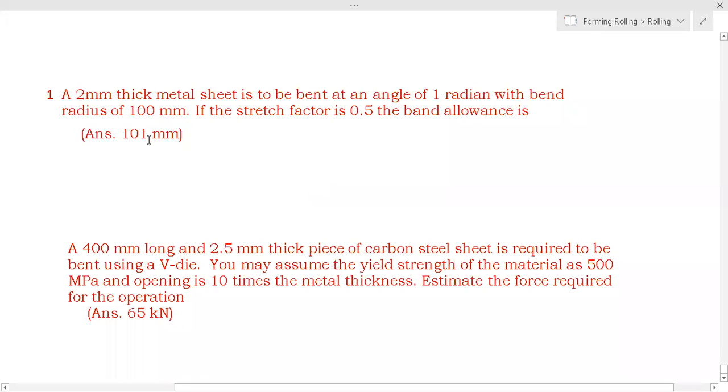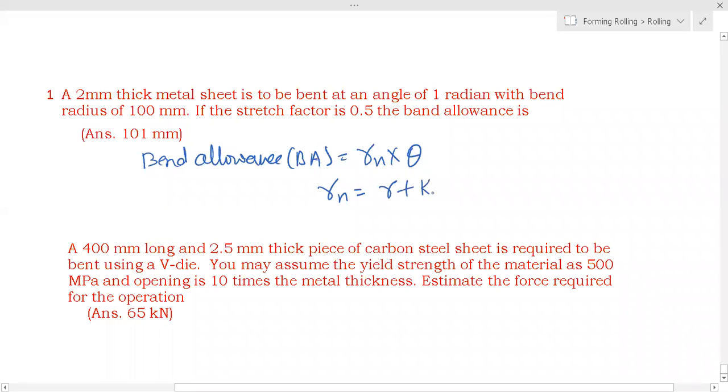So bend allowance BA is equal to Rn into theta. So Rn is equal to R plus KT.